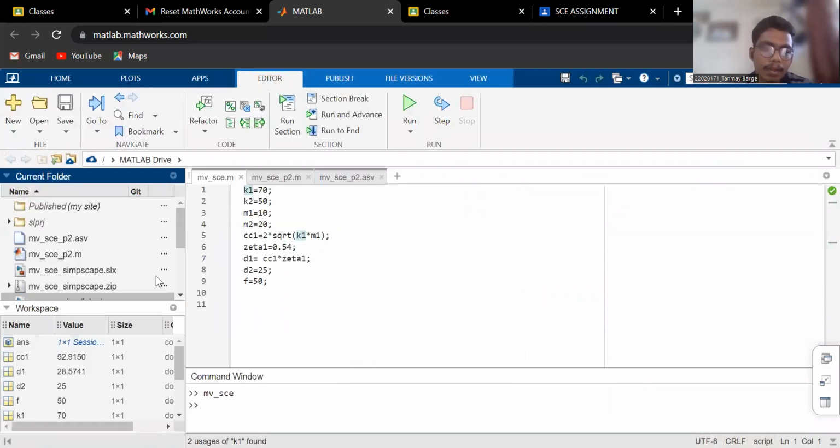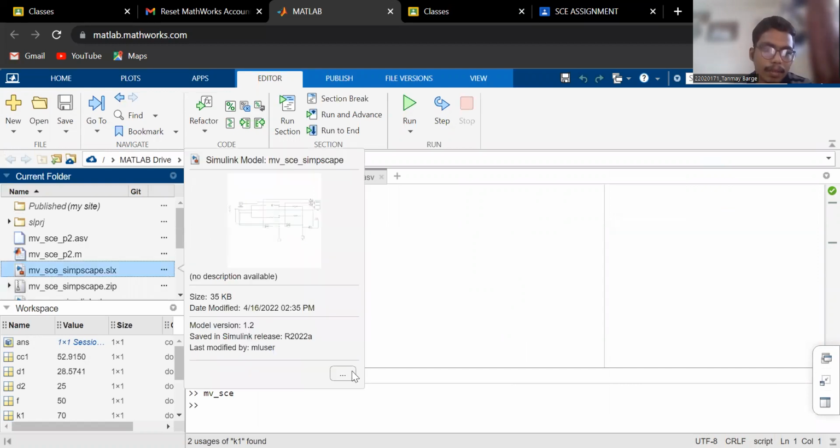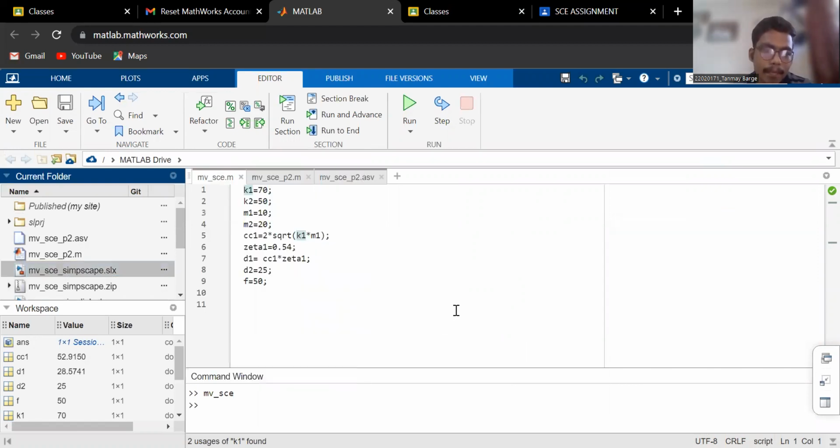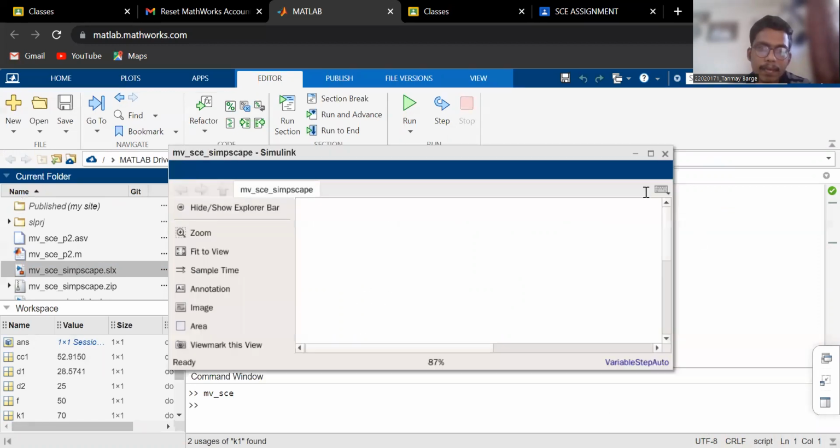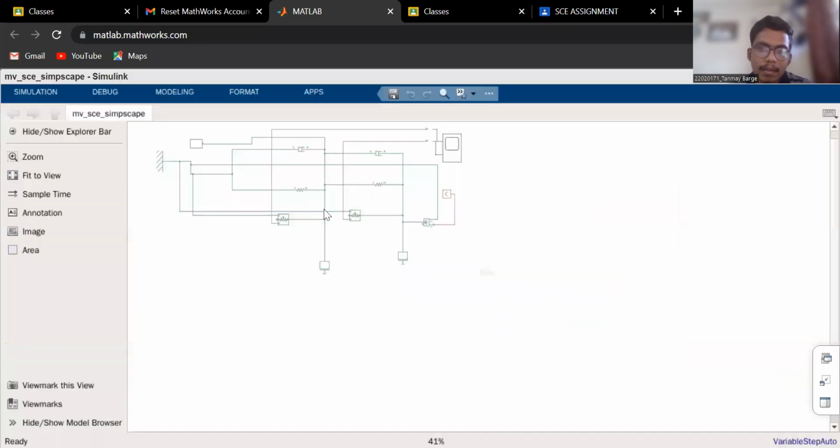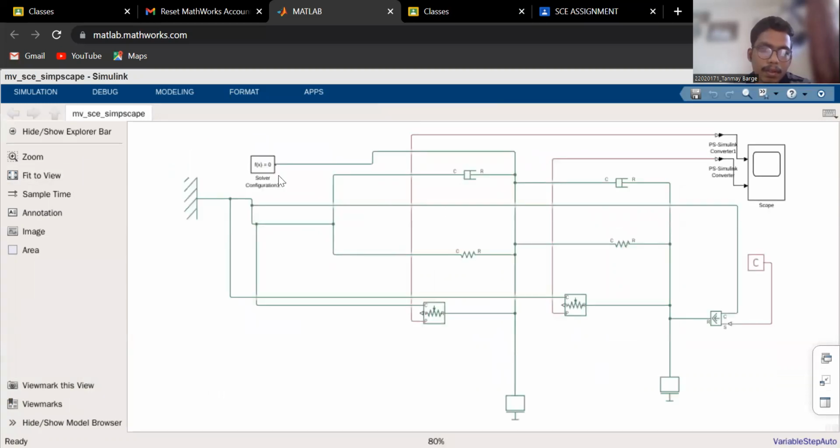So I just opened the Simscape software. This is the basic model in Simscape.